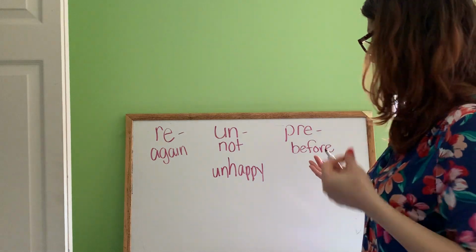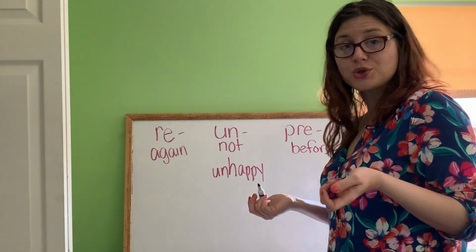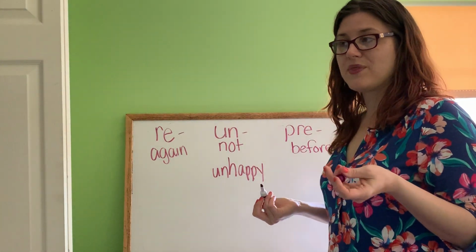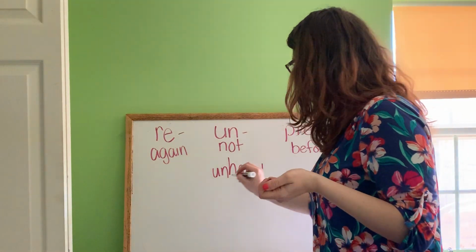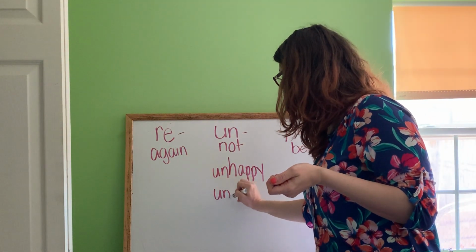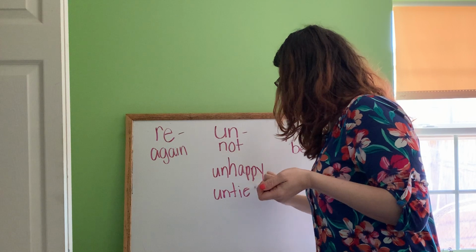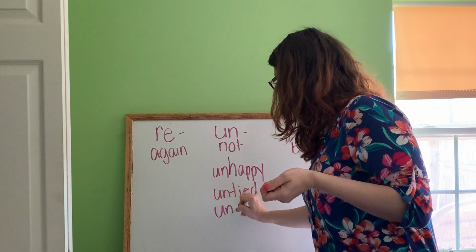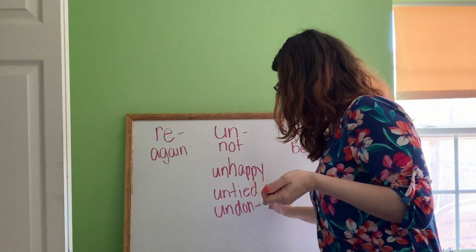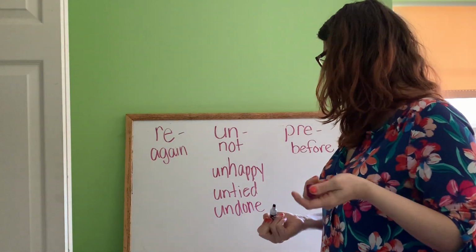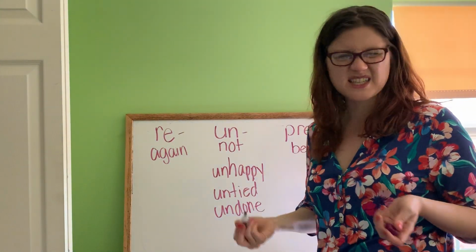If I am looking at my shoes and I notice that they are not tied, I can say they are untied, which means not tied, or I can say they are undone, which means they are not done. Again, I would just give your kids some examples.